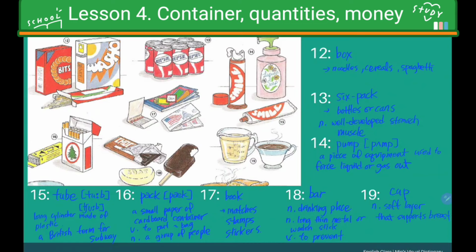And we also use this one for measuring women's breast size. So we call that cup size. Usually measured in alphabet A to anywhere from F or G. Okay?